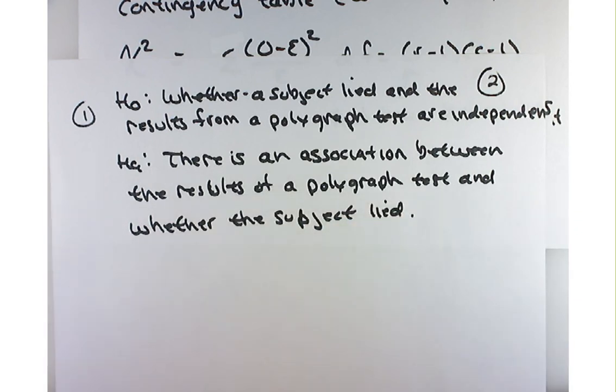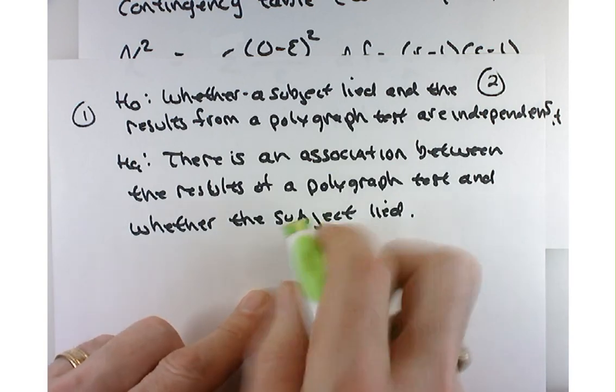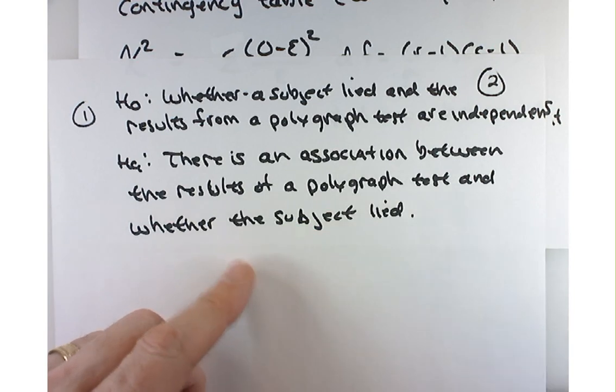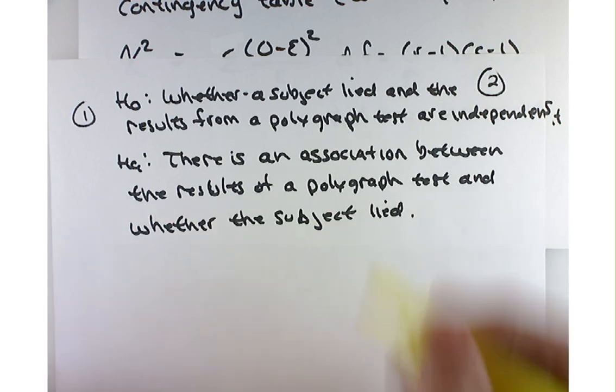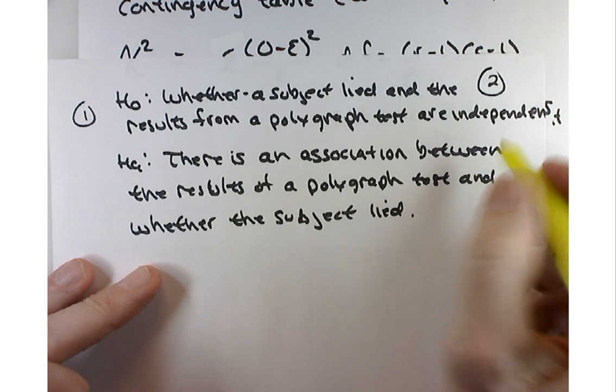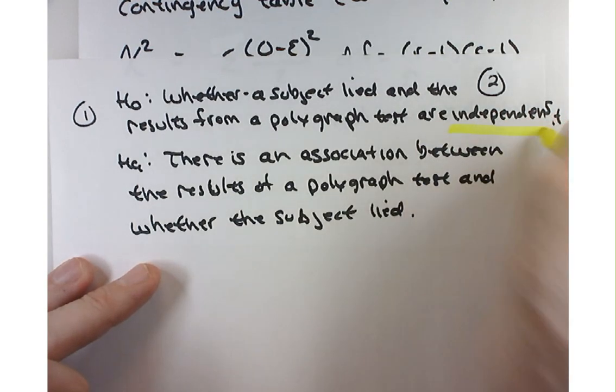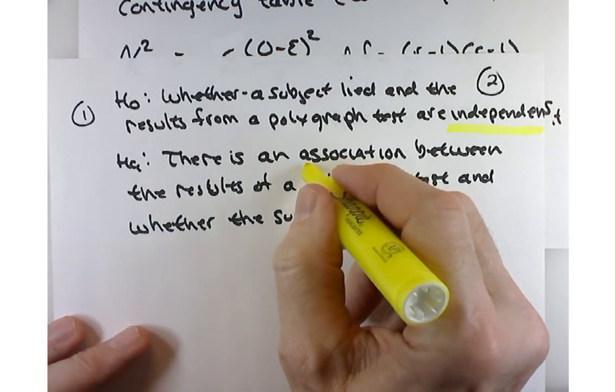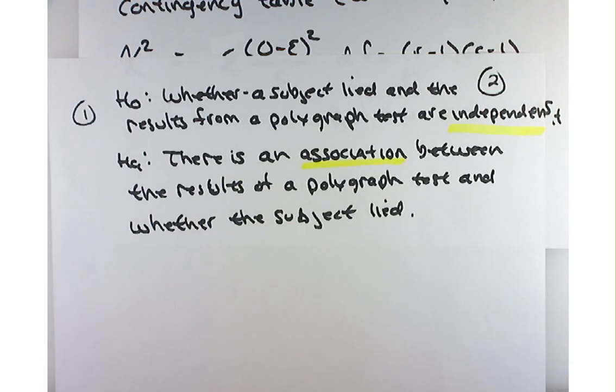Like I said, there's some flexibility in this, but the basic things I want to see are right here. I want to see that these two results are independent in the null hypothesis, and then there's an association in the alternative hypothesis. And then kind of describe what's going on in terms of the rows and columns.